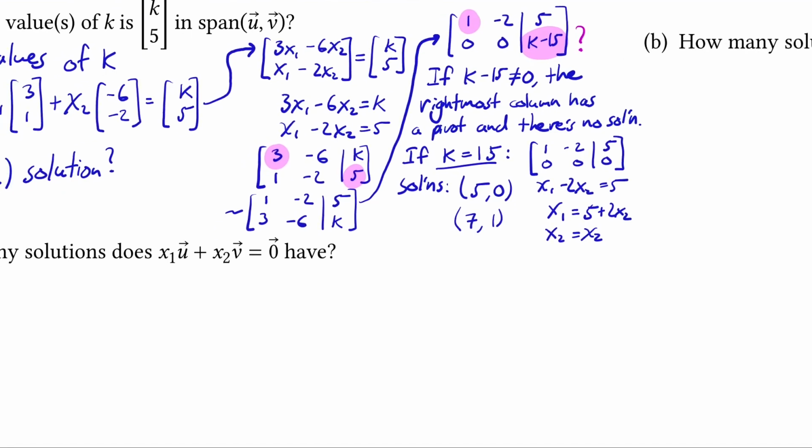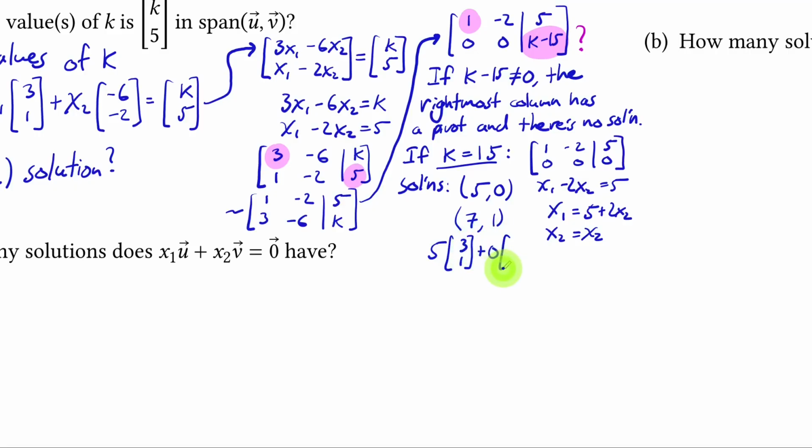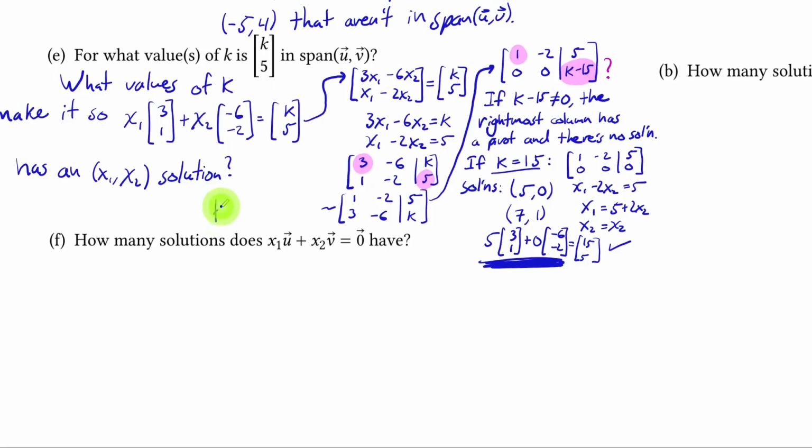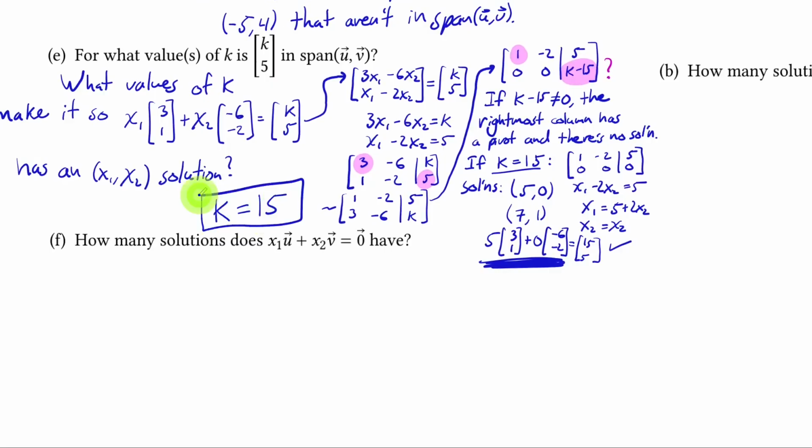So just to check, we can do 5 times 3, 1 plus 0 times negative 6, negative 2 and get 15, 5 as a result. That was the goal. This is a vector in the span of u and v. So for what values of k does it have a solution? The answer is k equals 15.